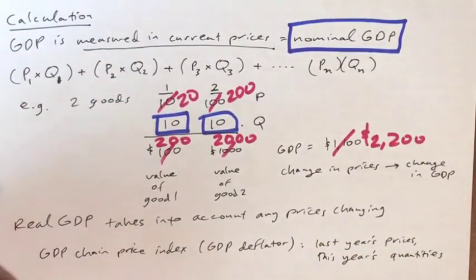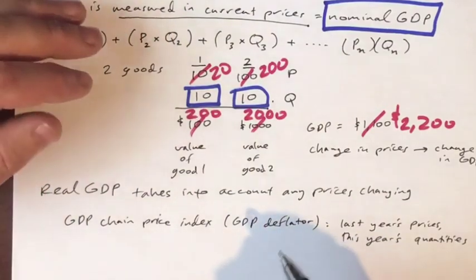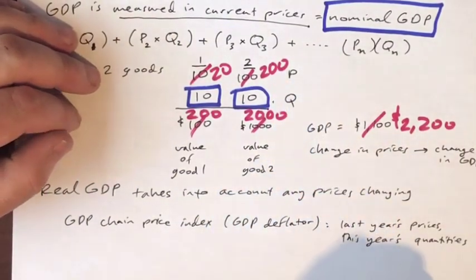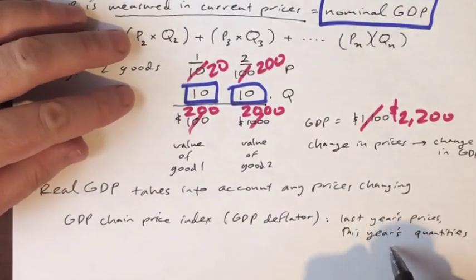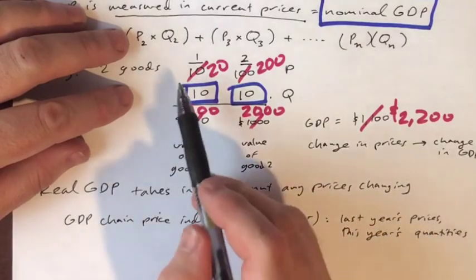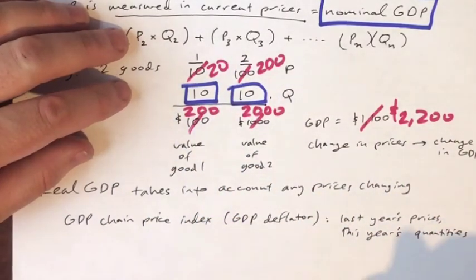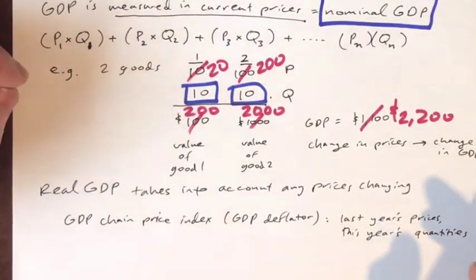This is important because, let's say this change happened from year to year. If we were to use last year's prices, the 10 and the 100, then we wouldn't be confused. We'd be able to very quickly see that real GDP has not changed at all.